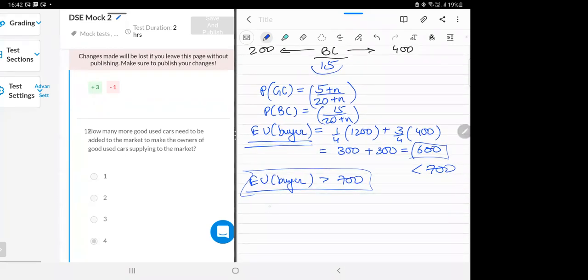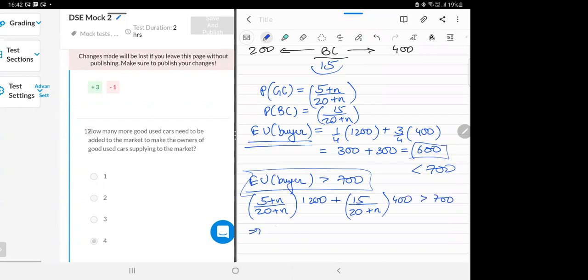So this becomes (5 plus n) by (20 plus n) into 1200, plus 15 by (20 plus n) into 400. This should be greater than 700.